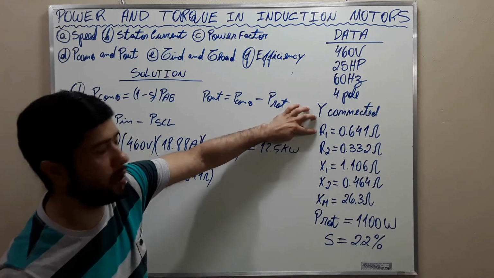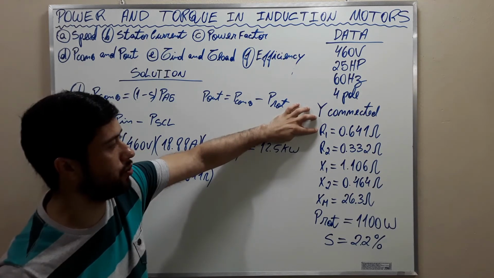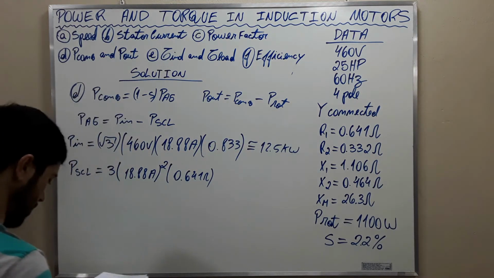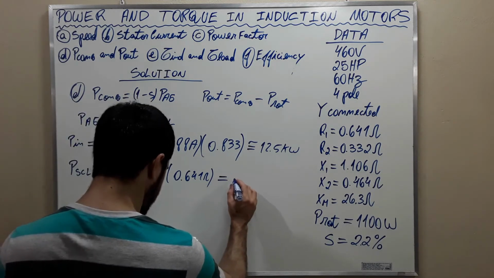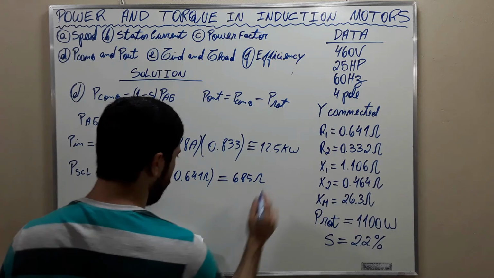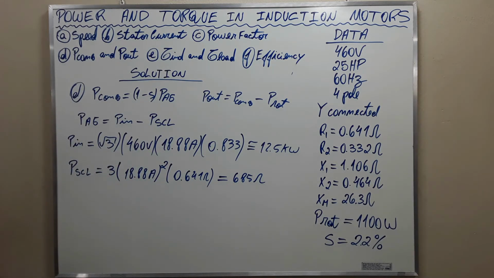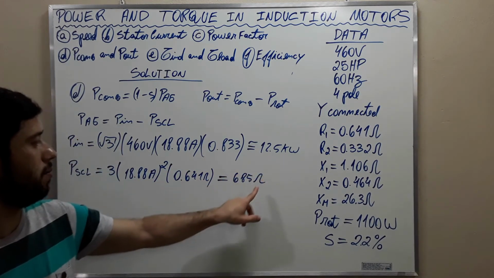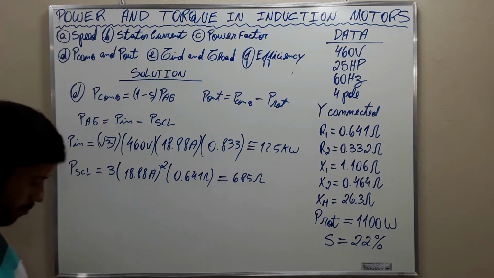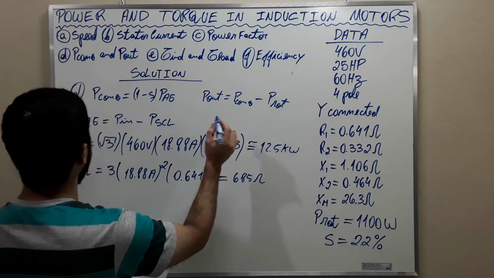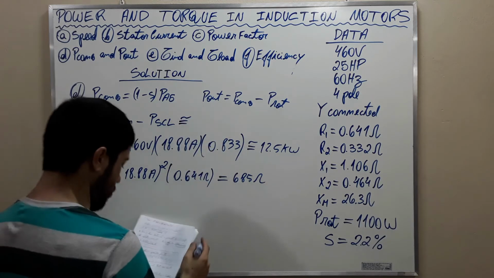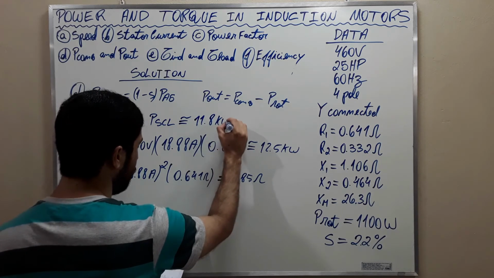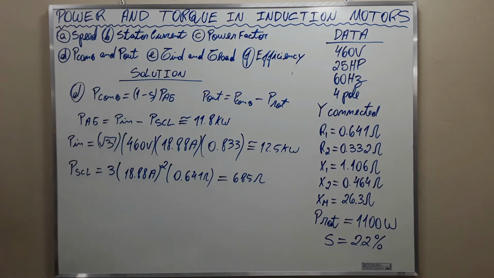Here we use the resistance of the copper wires of the stator. Then we already know PAG. PAG is going to be this minus this. PAG is then approximately equal to 11.8 kilowatts.